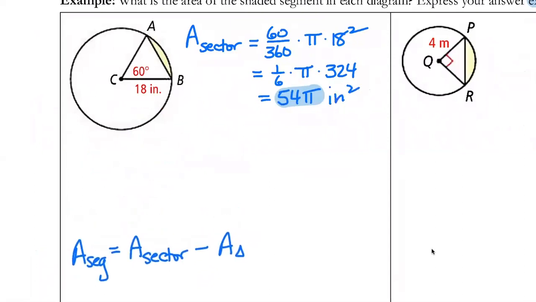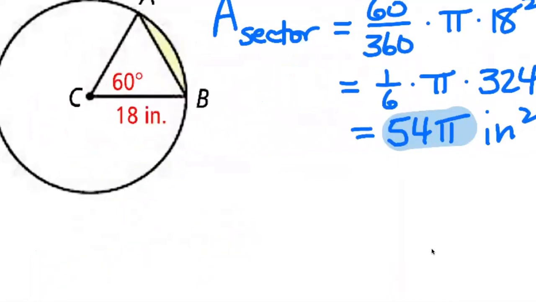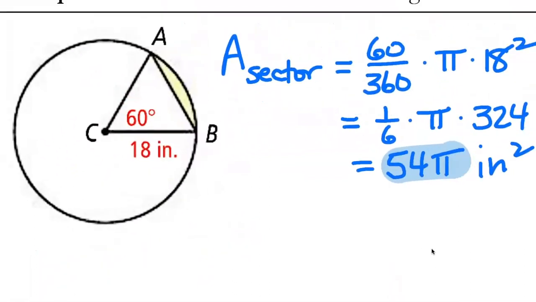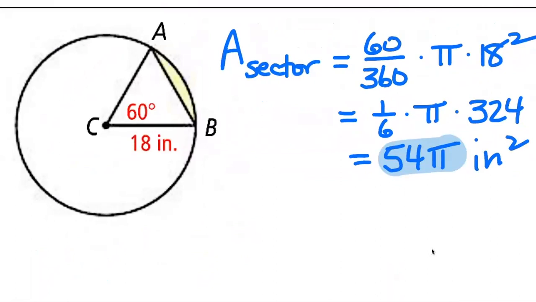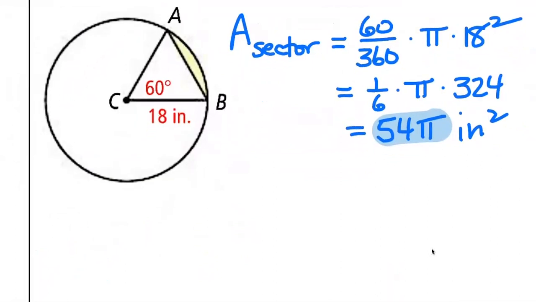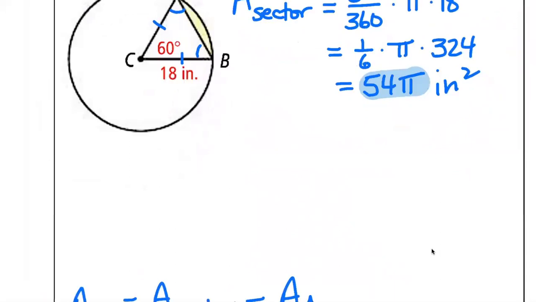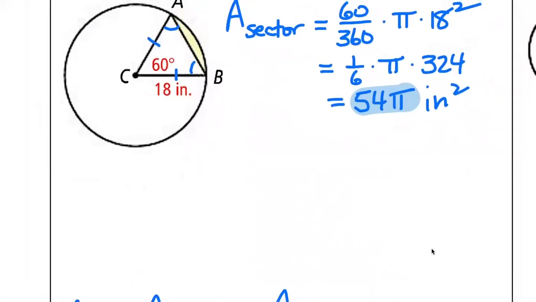Okay, the area of the triangle. The fun thing about this is we get to use what we know from earlier in this chapter with the regular polygons. Notice that this is a regular triangle because those are radii, and that's going to make those 60 degrees. So that's a regular triangle with a side length of 18. I'm just going to use the s squared root 3 over 4 formula.